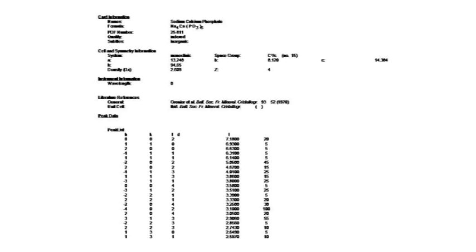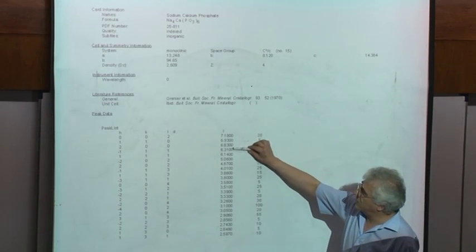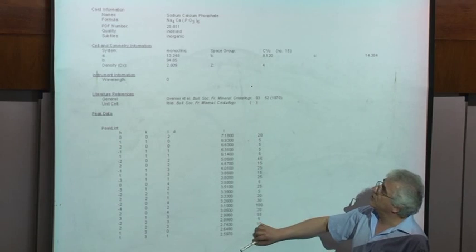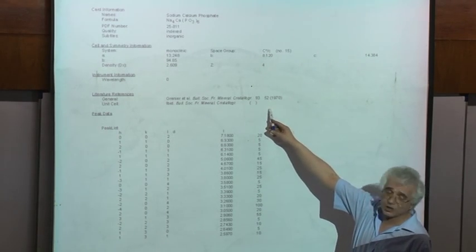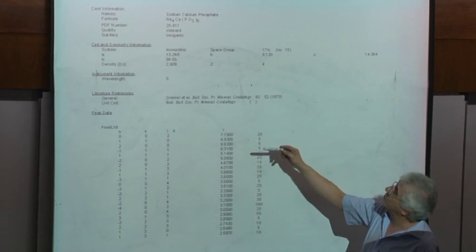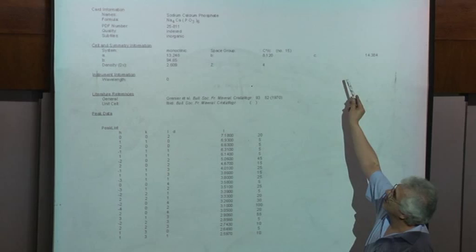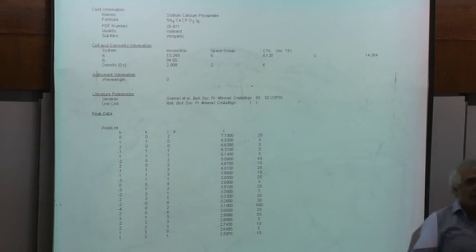It comes out with a powder diffraction file, which is stored in the database, which you have access to already. And so you can use this information. It's got a reference. You can go and find the original paper, and most importantly, it's got the space group and the unit cell dimensions where they have been recorded.